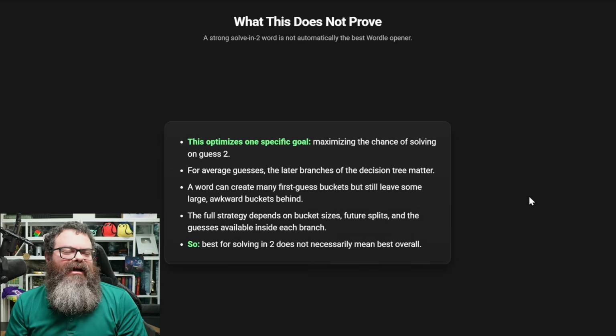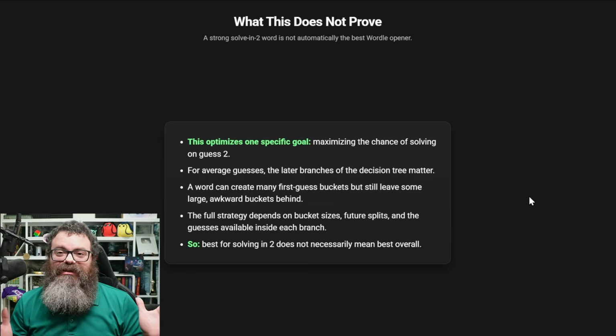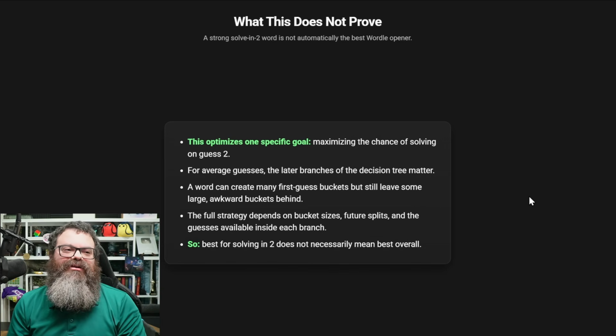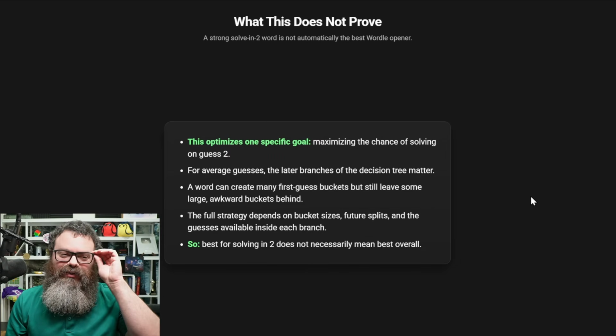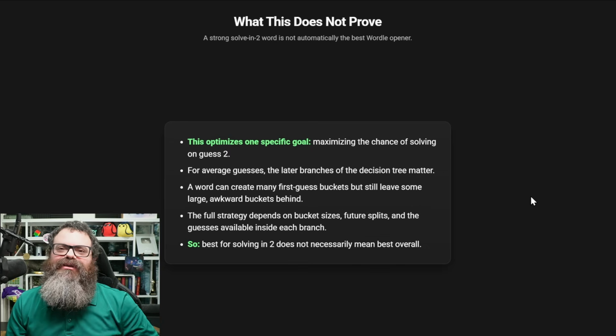And just because a word creates many first order buckets doesn't mean that those buckets aren't themselves awkward in terms of their size or the availability of words that will split them further into more buckets. So the word that optimizes you to get it in 2 does not mean it's going to optimize your average number of guesses over time.